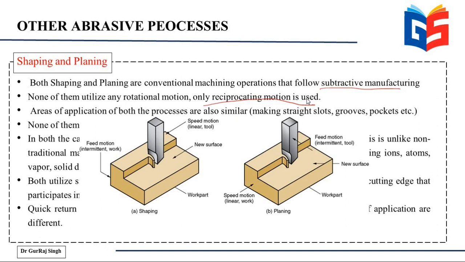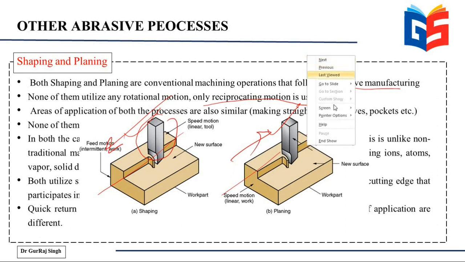Now if you take a look at this image, you see that both the processes seem pretty similar. You have a single point cutting tool in shaping as well as planing, and you've got the same reciprocating linear motion in both. But the difference is that in the shaping process, it is the tool that is moving, and in planing, it is the workpiece that is moving.